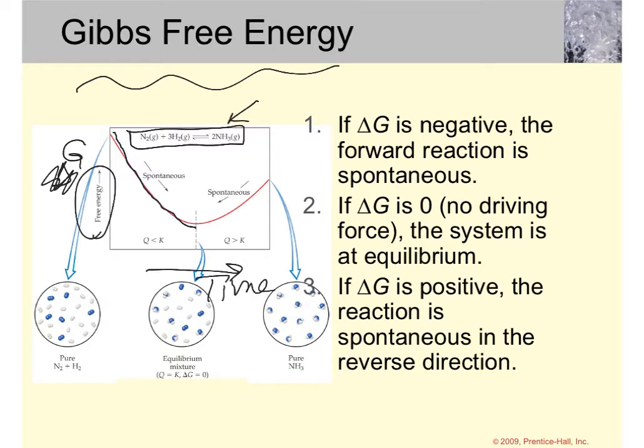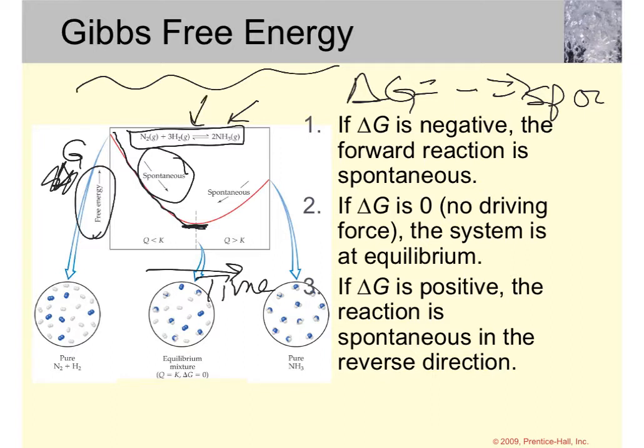And we have just learned that when the change in energy is negative, that is spontaneous. So notice it says along here is spontaneous. Then you reach a point where the free energy is as low as it will get for this reaction.